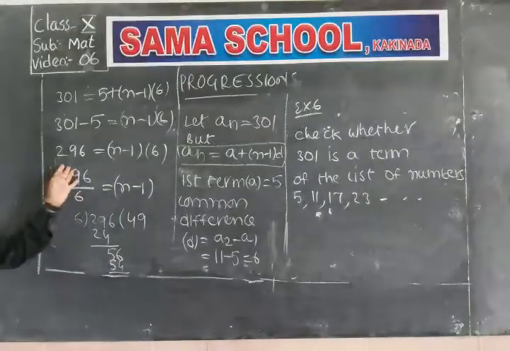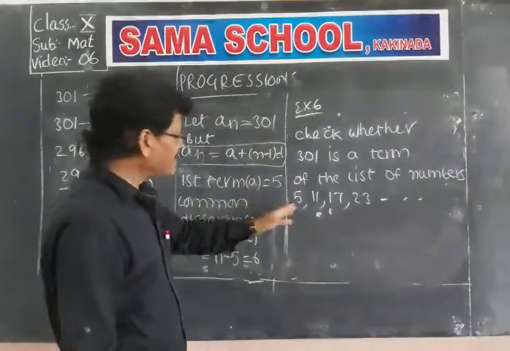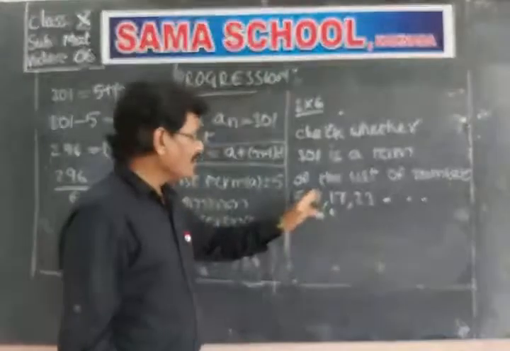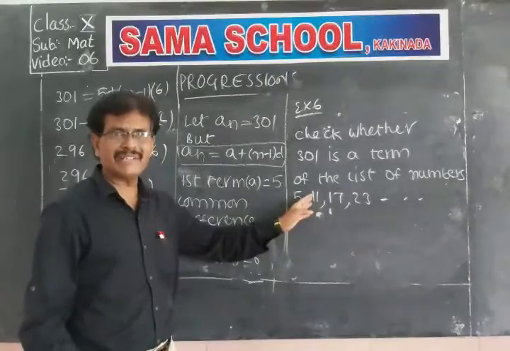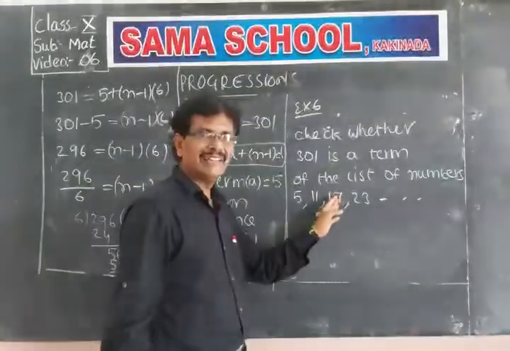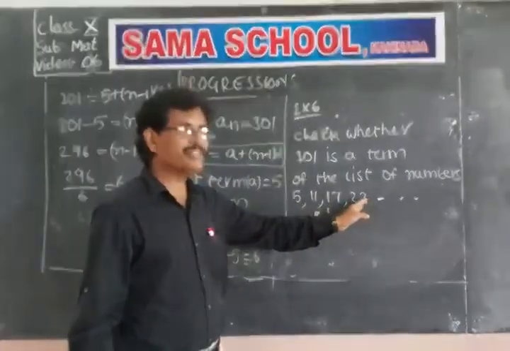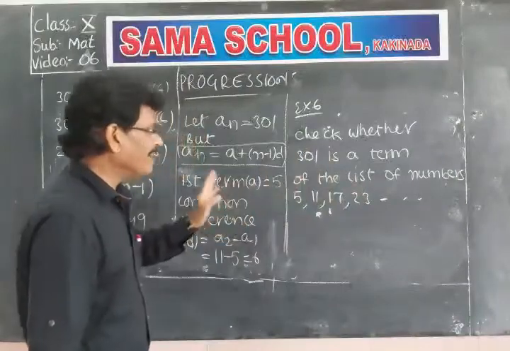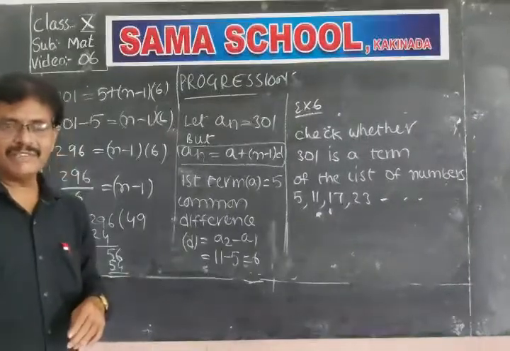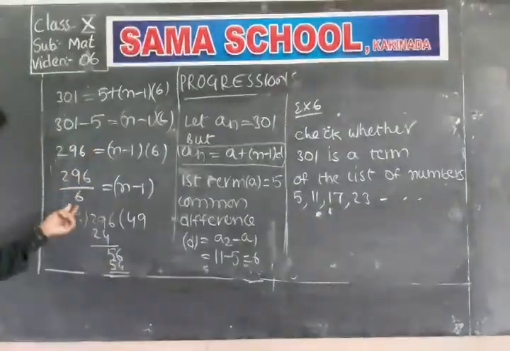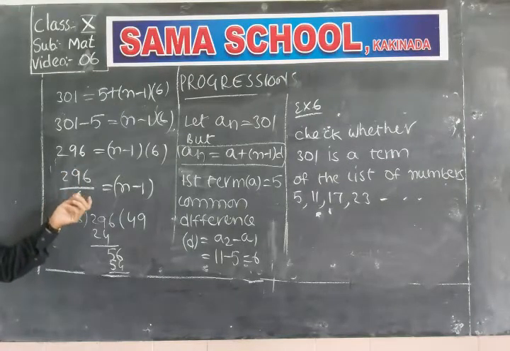It's not dividing exactly. We can clearly say that if I asked you the value 11 belongs to which term, it is the second term. When I asked about 17, easily you can say the third term. 23 is the fourth term. But there won't be any term like 3.4th term or 2.5th term. Unless it is divisible exactly, you cannot find the term.